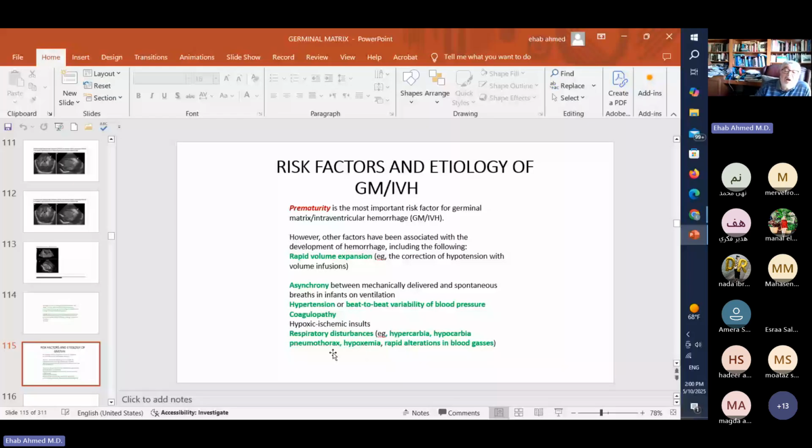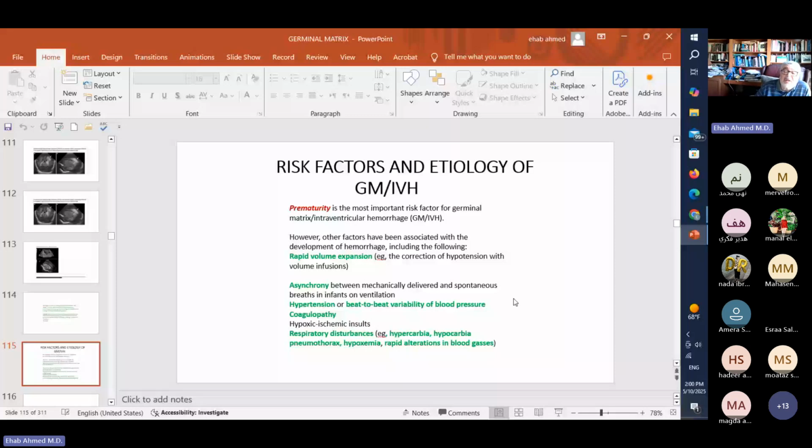Yes, if you have a baby on the vent and the blood gas is horrible, don't be aggressive in correction. Just go slow. Go up or down on your parameters slow. Don't go from hypercarbia to hypocarbia. Okay?